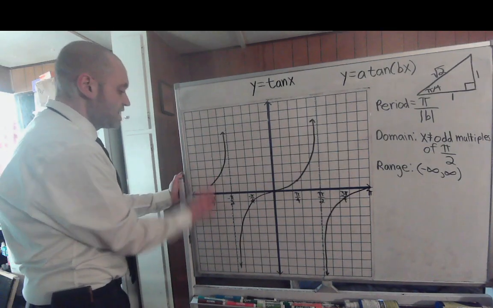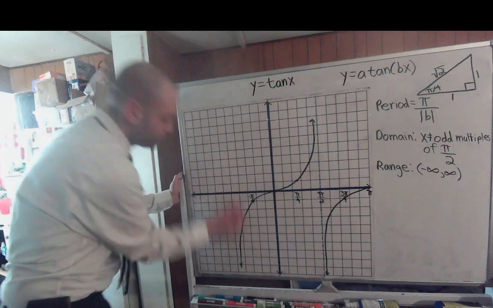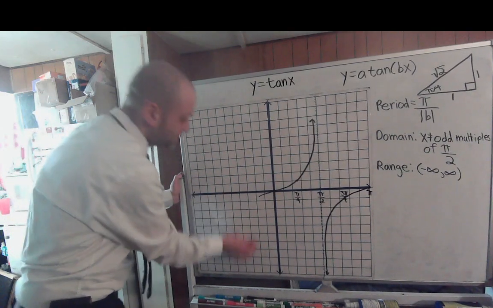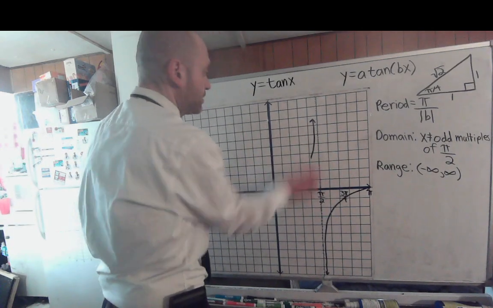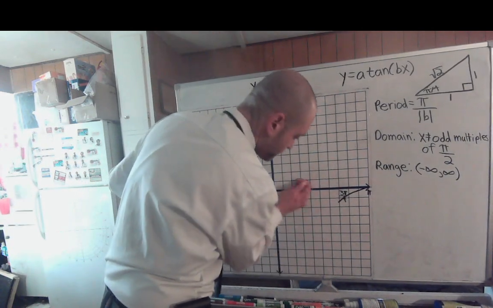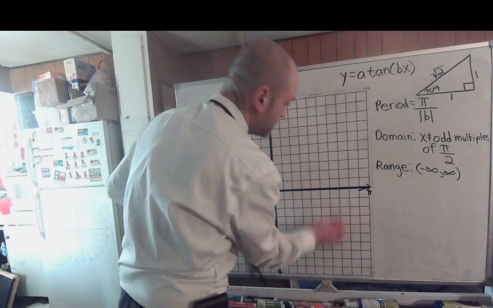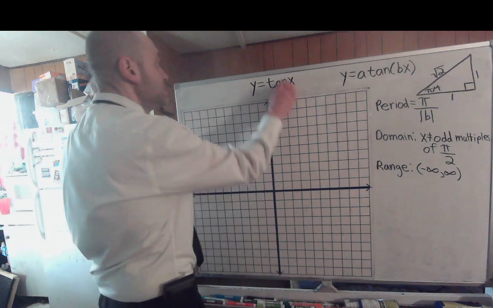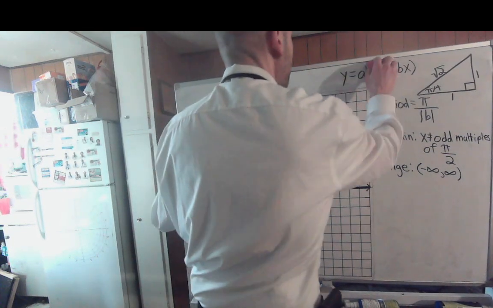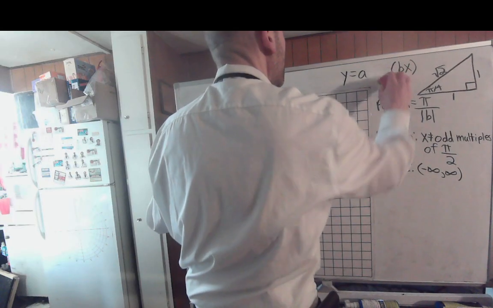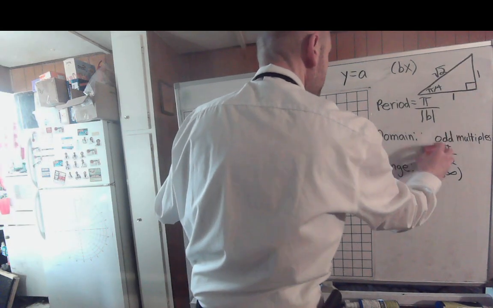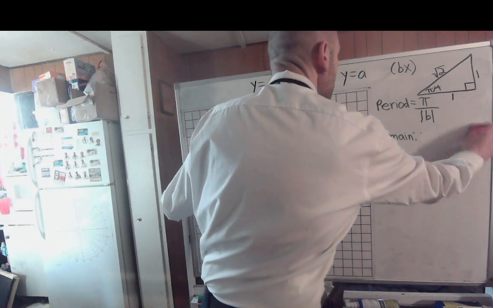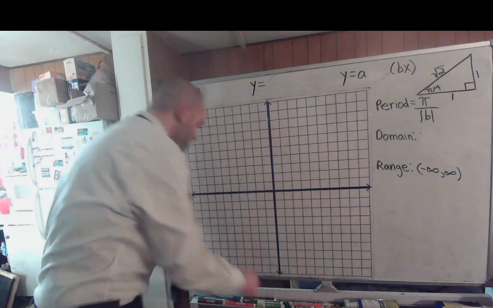Now let's also talk about the cotangent. Then we'll do some examples. Let's change it appropriately for the cotangent.